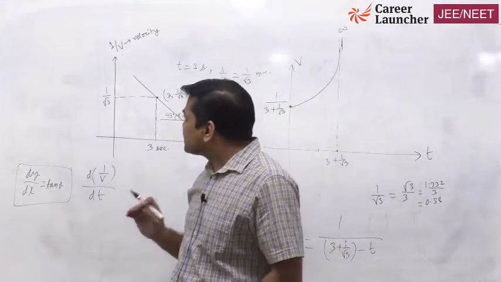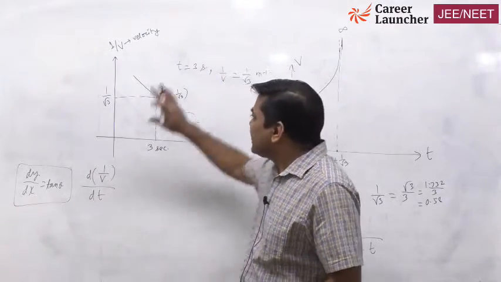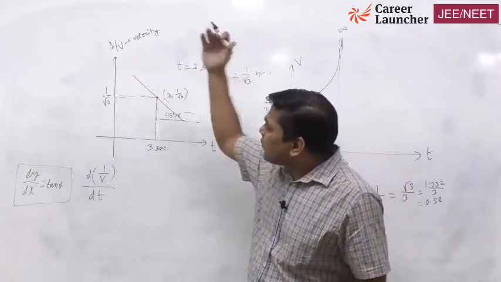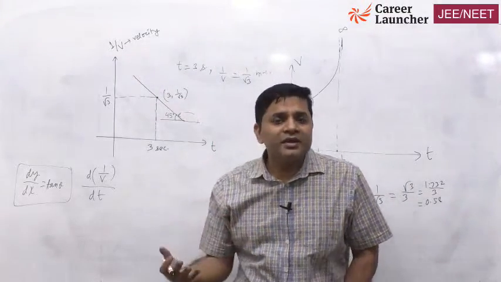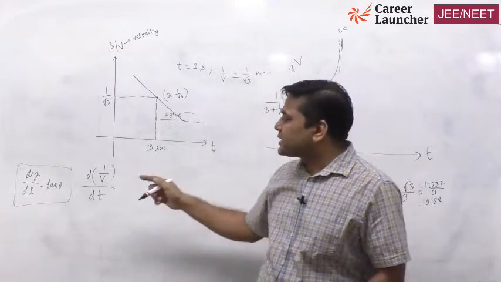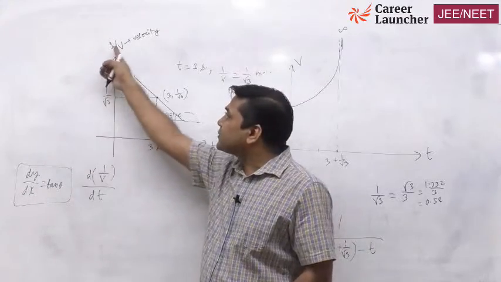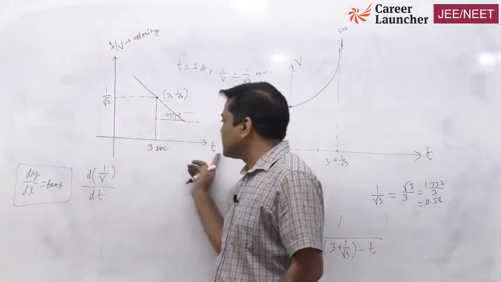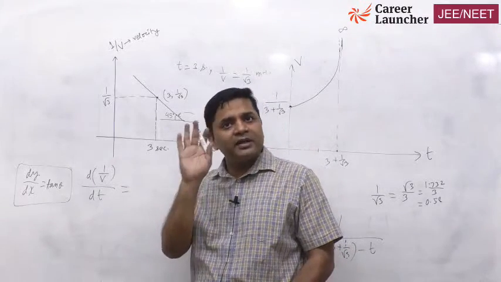So what is the meaning of slope? If someone is asking that without writing any equation, can you tell me for 1 by v versus t, what is the meaning of slope? Does it give any physical quantity? So you can explain like this: slope is given by dy by dx, on the y axis it is 1 by v, and on the x axis it is t. Many students can solve this differentiation mentally, I am sure.